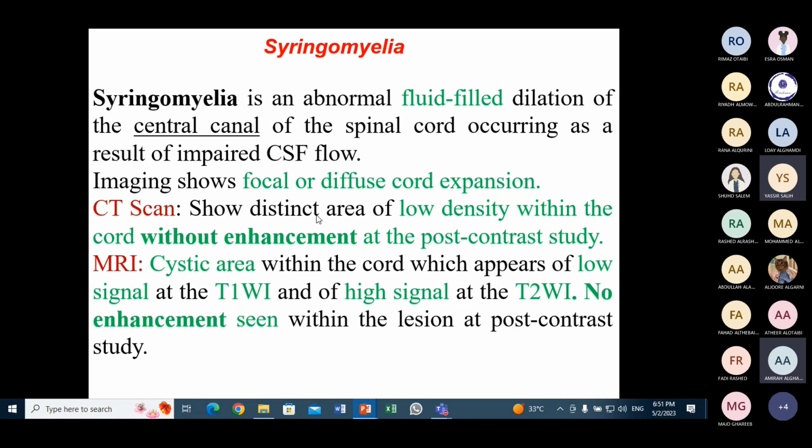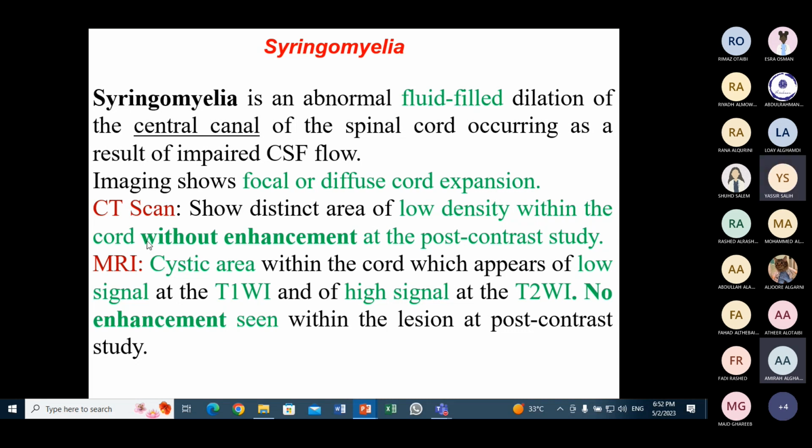So it has the density of CSF. معروف إنه on CT the CSF appear of low density. So syringomyelia appear of low density within the area of dilated spinal cord. And when we give the patient contrast, this lesion will not enhance with contrast. It cannot uptake the contrast, non-enhancing lesions, this syringomyelia.